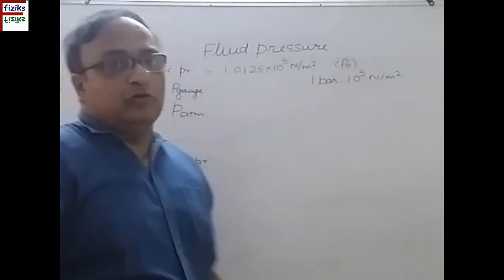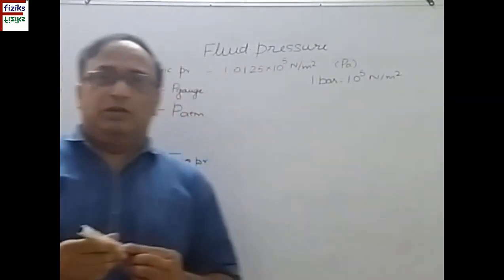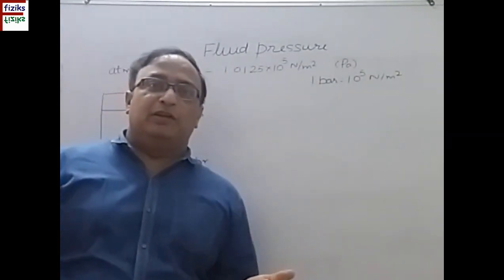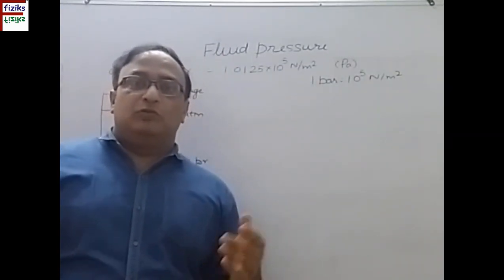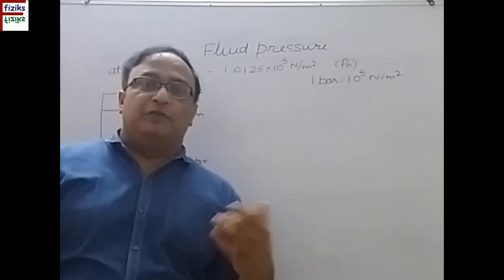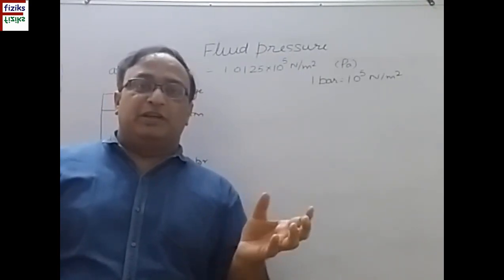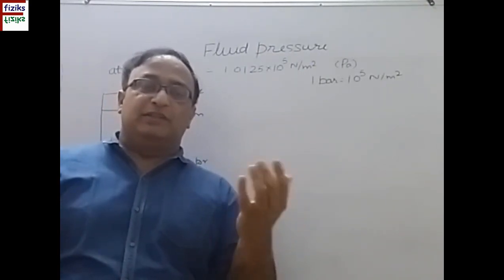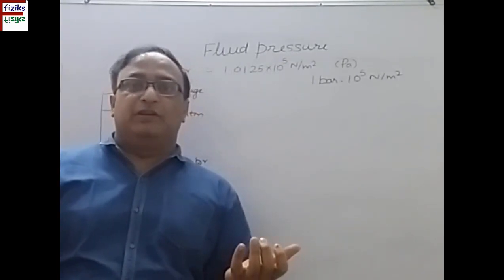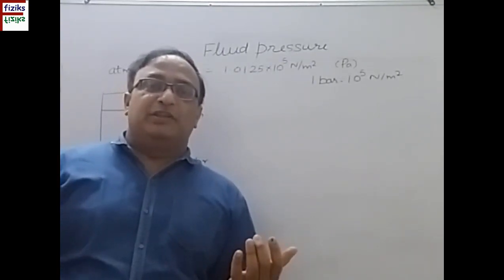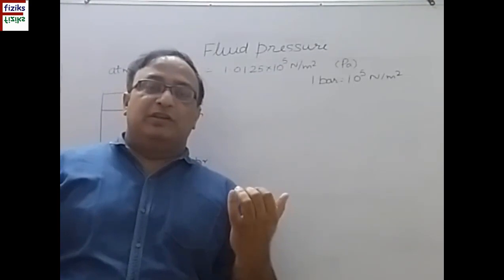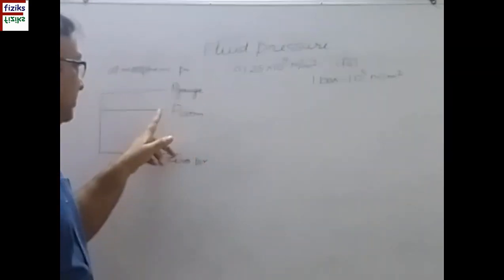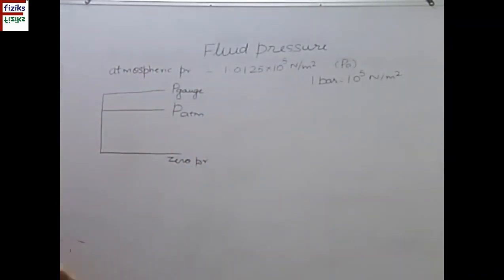Like when you go to the petrol pump and ask the person to inflate the tires of your vehicle, the unit of pressure there is either kilogram force per centimeter square, etc. The pressure there is measured in terms of gauge pressure. That is, the pressure above the atmospheric is called gauge pressure.